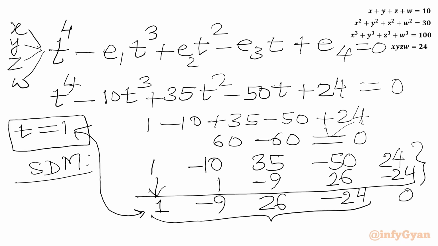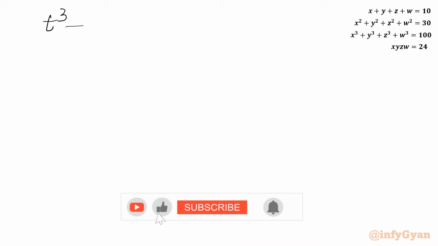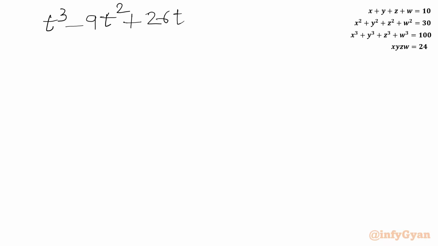So I can write the cubic equation: t cube minus 9t square plus 26t minus 24 equal to 0.